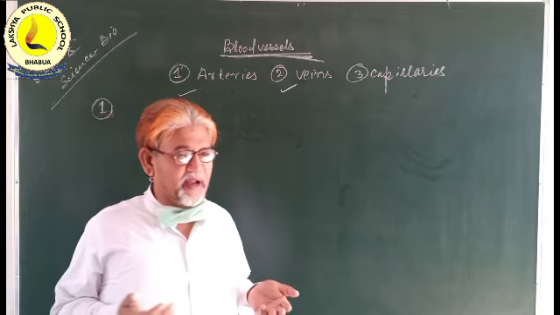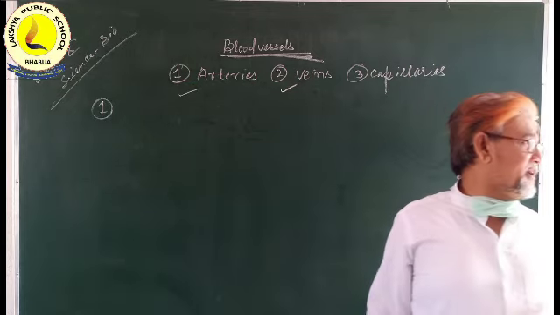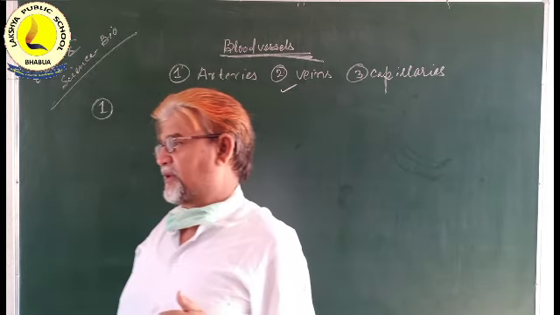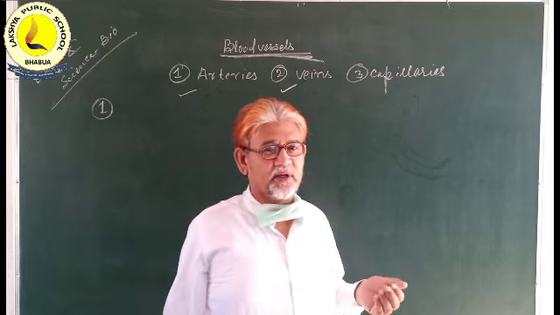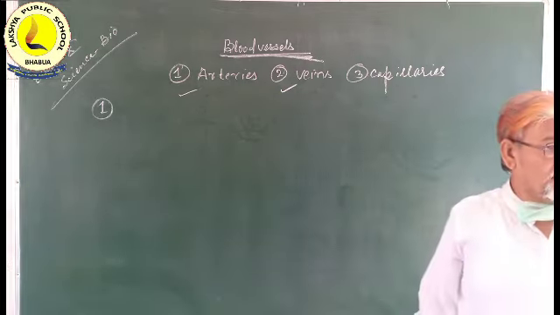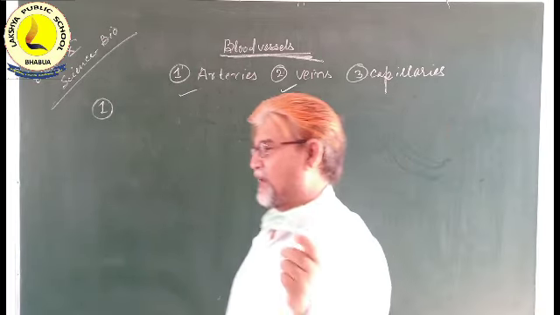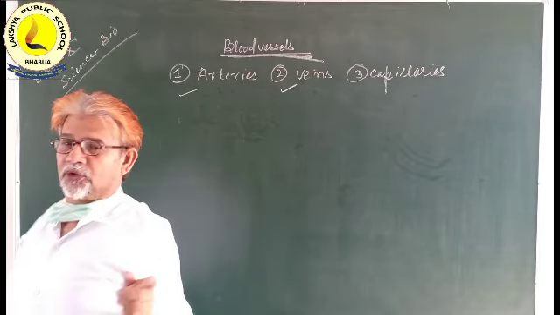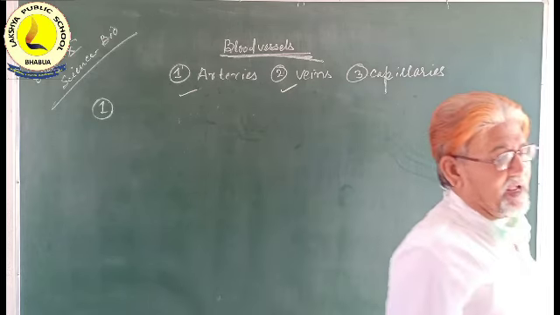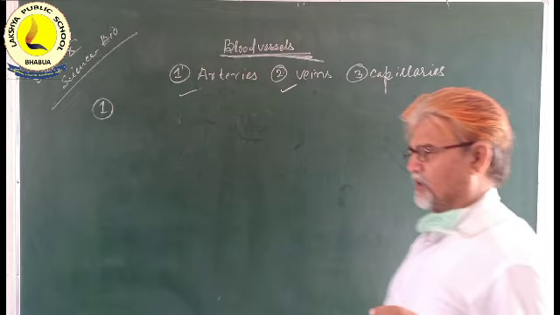Therefore, there is a chance of the blood returning back. Therefore, at some places in the veins, valves are present, and these valves ensure the unidirectional flow of the blood from the body towards the heart.